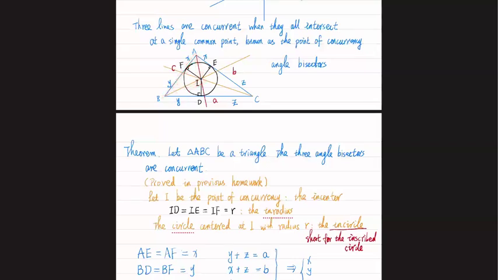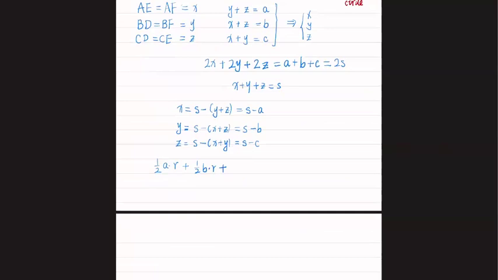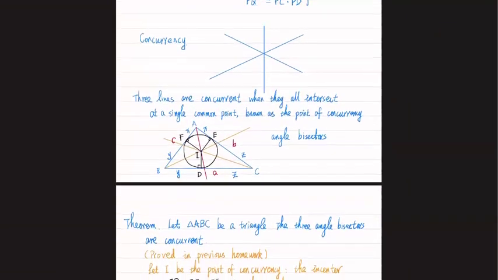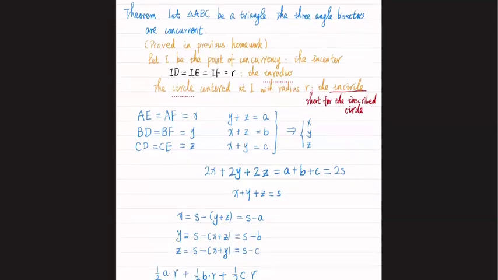Kira, this base and height, what's the area? 1/2 C times the height, 1/2 C times radius. If we add all three together, we get the area of the big triangle.